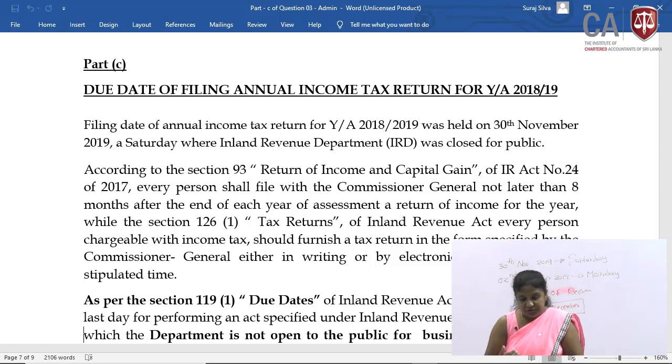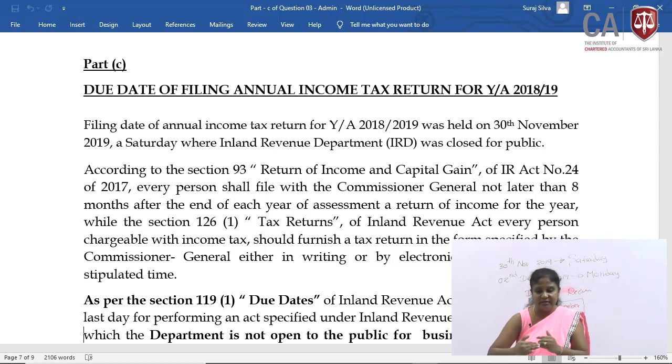After the end of each year of assessment, a return of income for the year. Under section 126 subsection 1, every person chargeable with income tax, maybe that person has taxable income or final withholding payments, then they are in the charging section, they are chargeable with income tax.